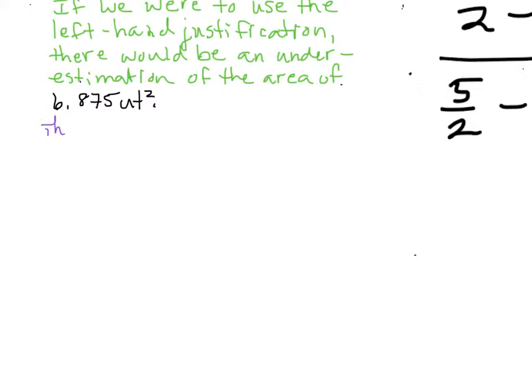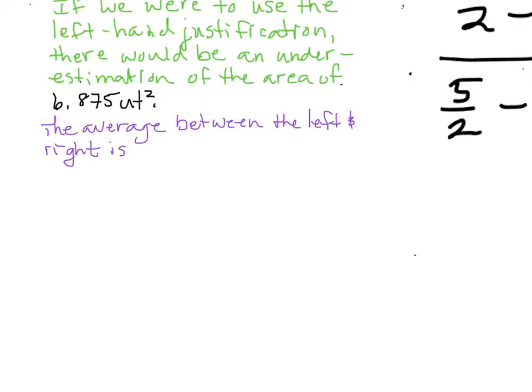All right, so the average between the lefts and right is 9.125 units squared, which is a pretty good estimate.